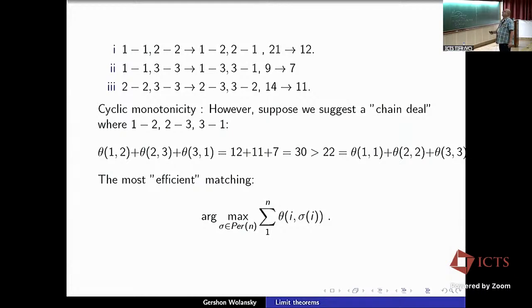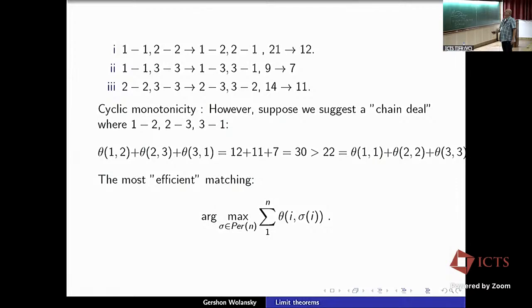If 1-1 and 3-3 exchange, 1 to 3 and 3 to 1, they will go down from 9 to 7, and so on for the third couple. But if we make a chain deal, so man 1 marries woman 2, man 2 marries woman 3, and man 3 marries woman 1, they will get something more, right?